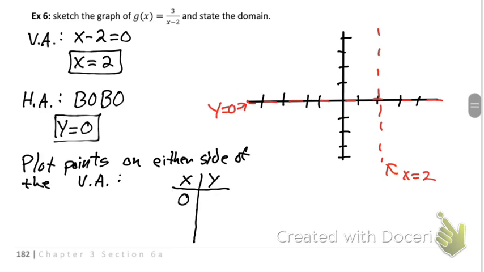If I let my x equal 0, we plug it in here. I'd have 3 over 0 minus 2, which is 3 over negative 2. So it's negative 3 over 2. So we're going to plot that point. 0, negative 3 over 2 would be about here, which means my graph must look like that.